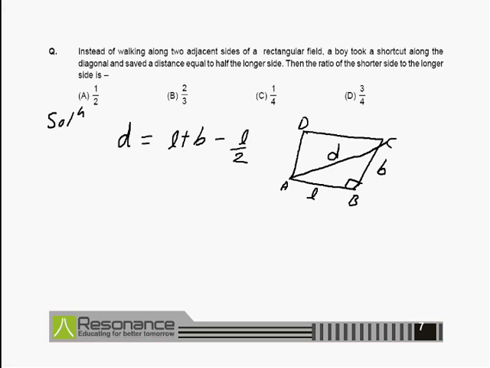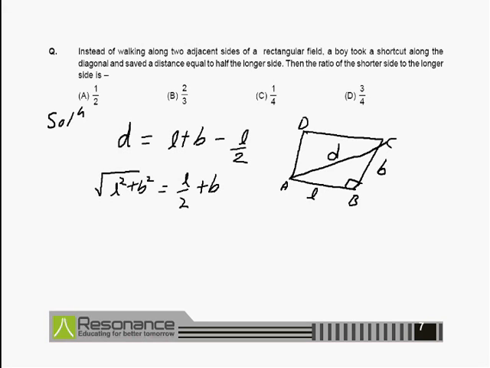As we know, the value of D is under root of L square plus B square. L minus L by 2, we get L by 2 plus B.